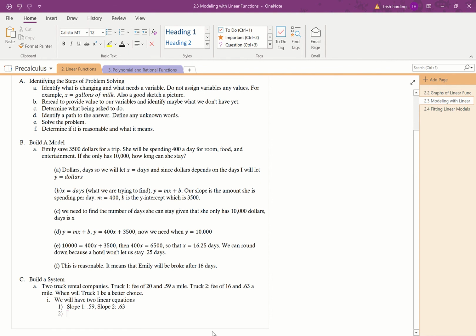Now, what do the y-intercepts represent? The y-intercepts represent any fees or costs that are automatically associated with doing something. So here you will have y-intercept 1, which goes with truck 1, and that's 20. And then you will have y-intercept 2, which goes with truck 2, which is 16.